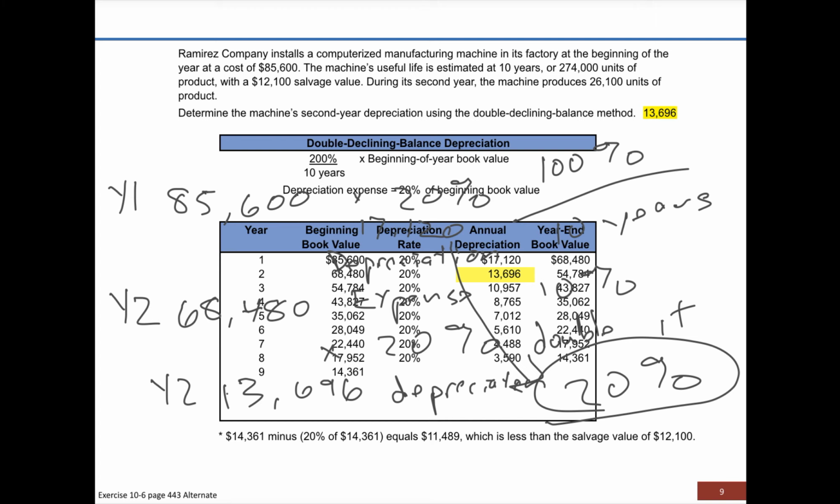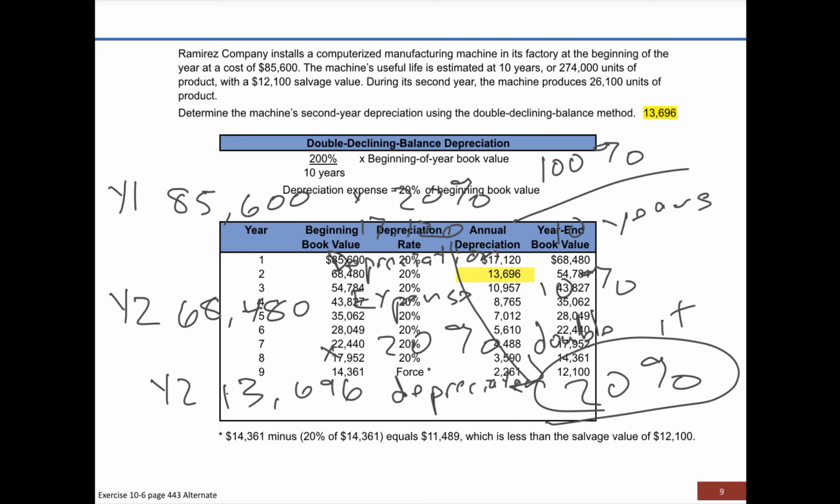Okay, so that means that the last year, whenever it says forced, that just means it's going to be less than the 20% because all that you have left to get you from where you were right here, I know it's a little hard to read, 14,361 down to 12,1, which is the salvage value, which would mean you've used up all your depreciable cost.